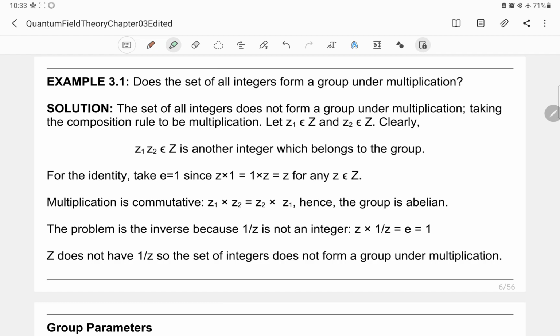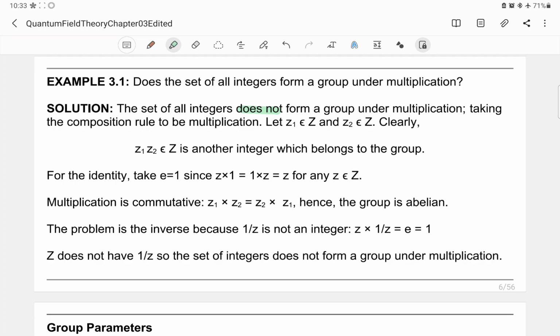The next example is this: do the set of all integers form a group under multiplication? The set of integers does not form a group under multiplication. If you take z1 and z2 elements of Z, clearly the product is also in Z, because the product of two integers is an integer.